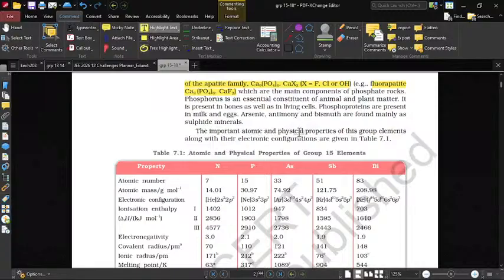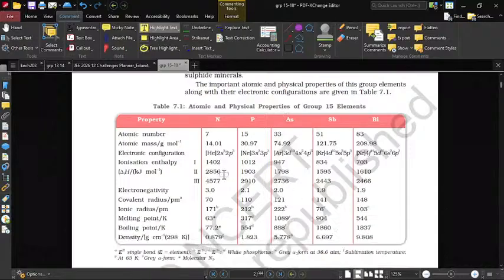The important atomic and physical properties of this group elements, along with their electronic configuration, are given in table 7.1. Okay.